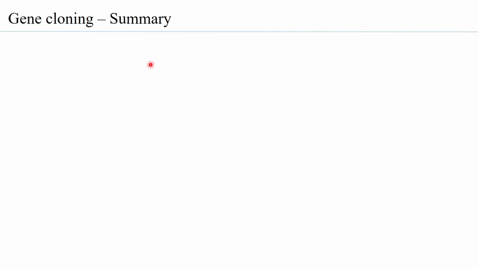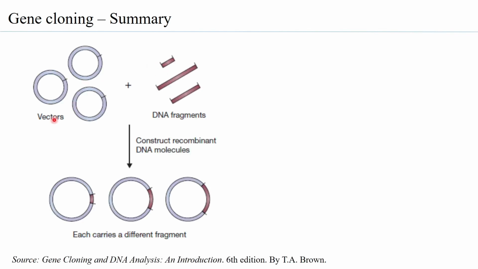To summarize the entire mechanism again, you have vectors into which the DNA fragments that are to be cloned are inserted, and then these inserts carry different fragments within them.